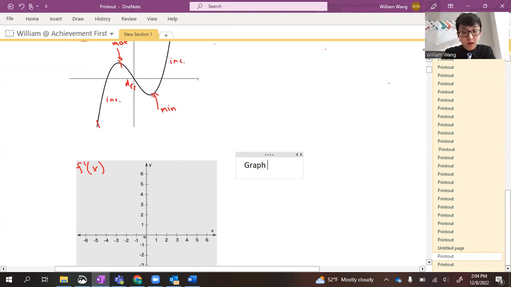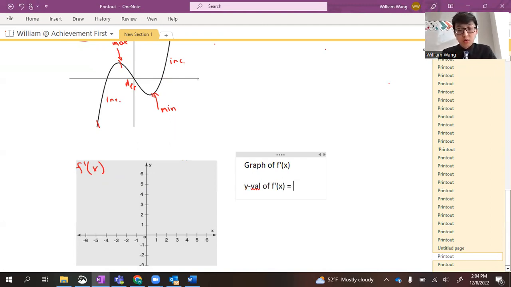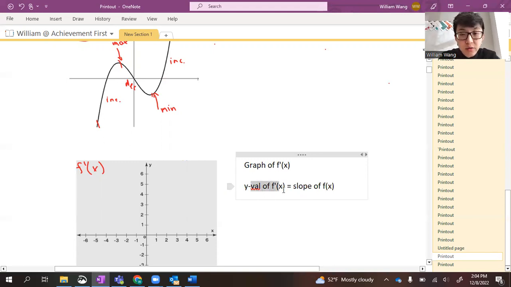Well, for the graph of f prime of x, what directly is the relationship? Well, essentially, the y value of the first derivative is always going to be equal to the slope of my original function. So that's what I tried to emphasize today in class. The y value of f prime of x is my slope of f of x.